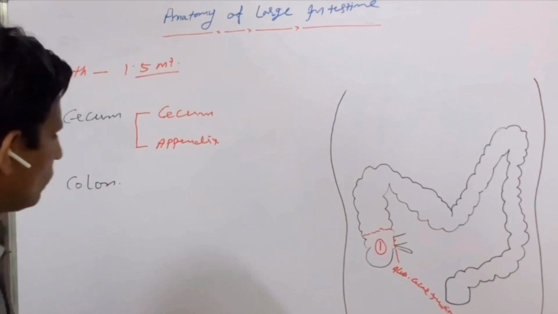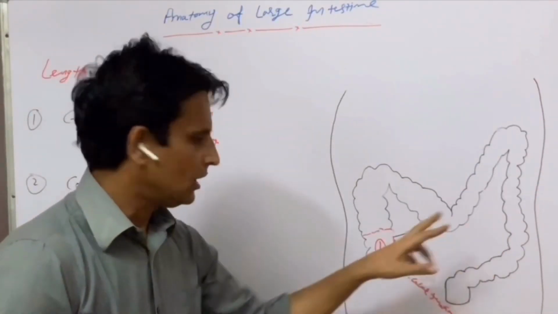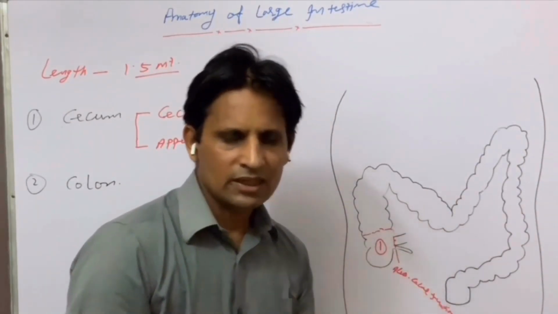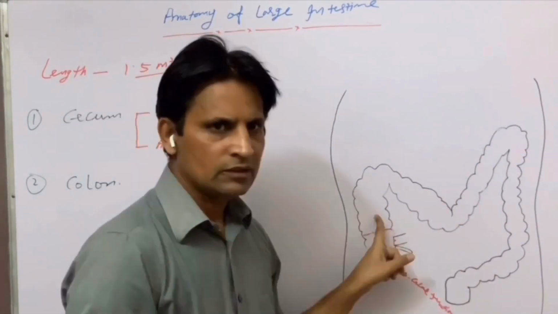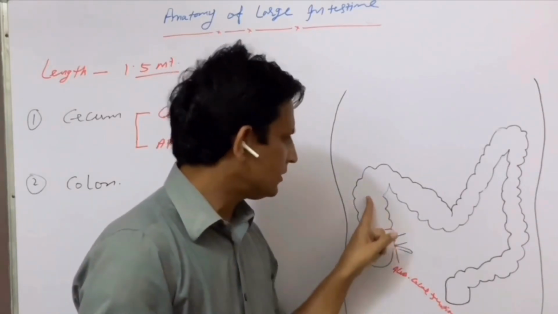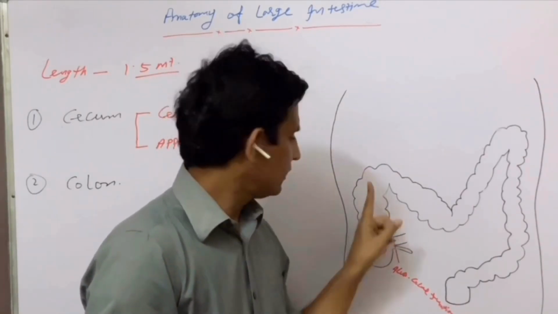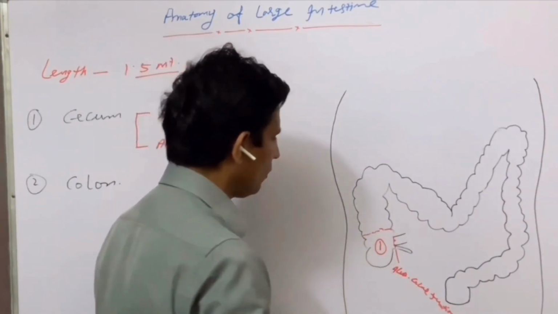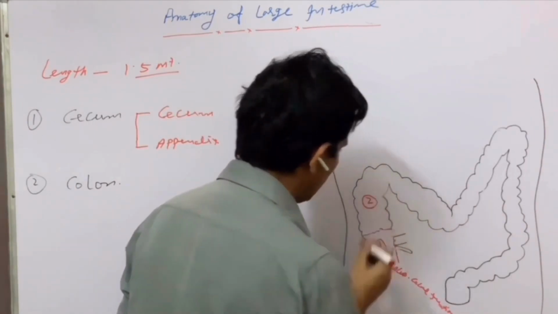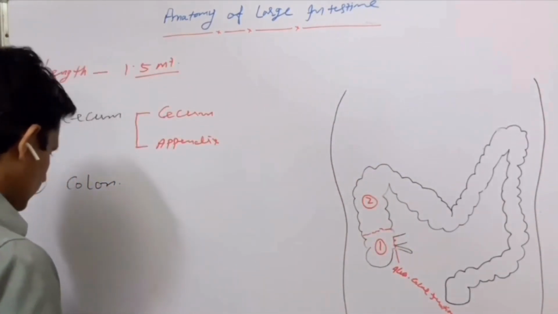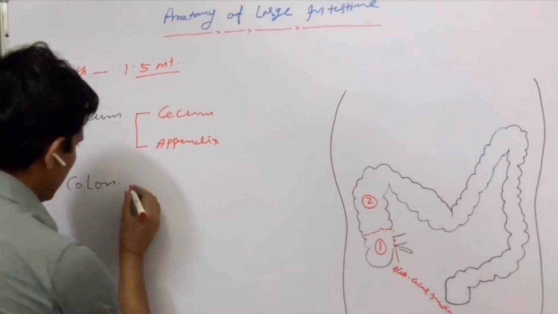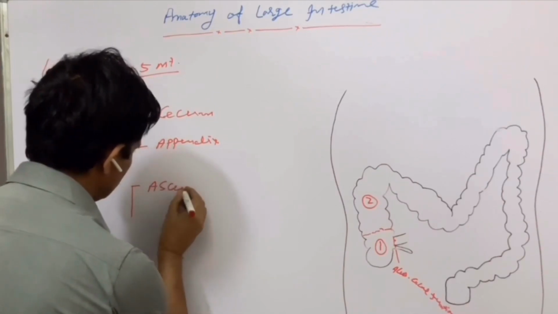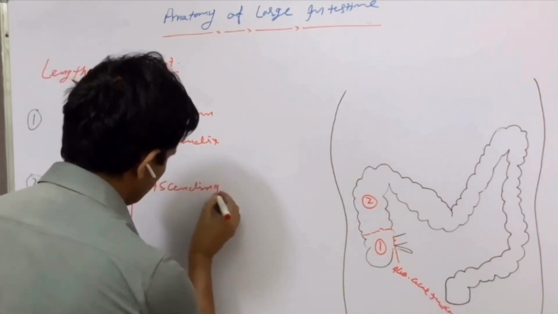Now we will go to the colon. This colon has four main regions. As this part runs upward, it is called the ascending colon, the part of the colon which ascends. So the first part of the colon is the ascending colon, right?